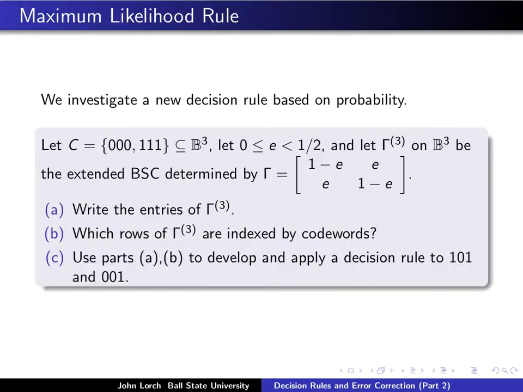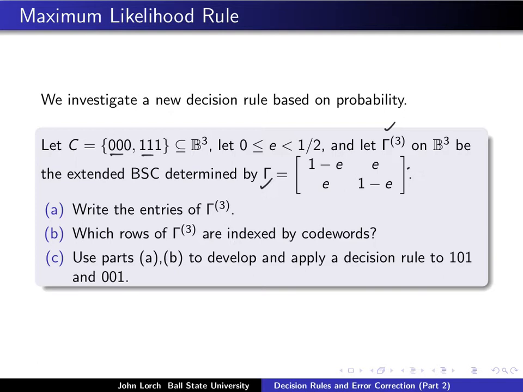So as I said a moment ago, we're going to investigate a new type of decision rule based on probability. So we're going to start with an example. Here we have a code consisting of just 2 code words on binary strings of length 3. And we're going to send these code words through a channel that is determined essentially by a binary symmetric channel given here.